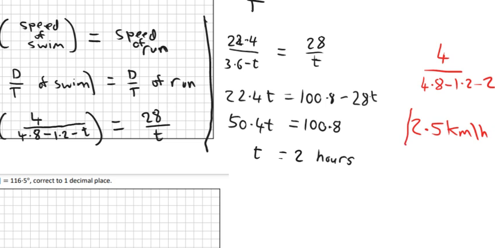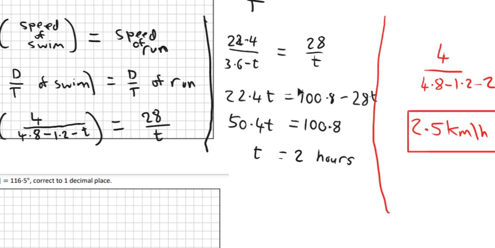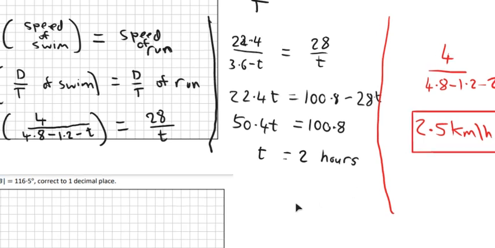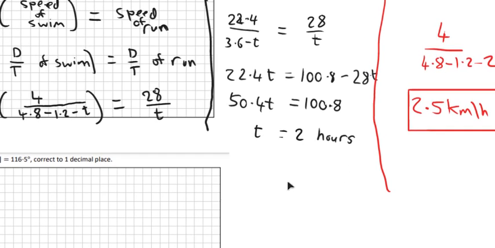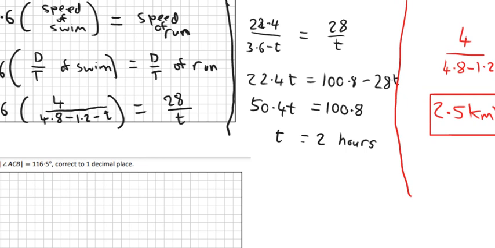So that's it then. That's your final answer. So that was just the way I wanted to work out what t was. The biggest thing there was to work out the running time, and then you have everything else. So you can just work out the speed of the swim.